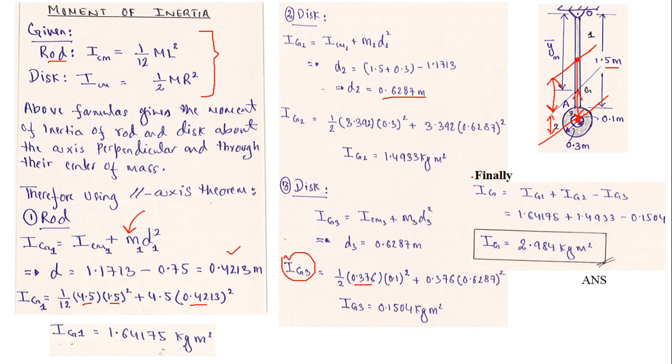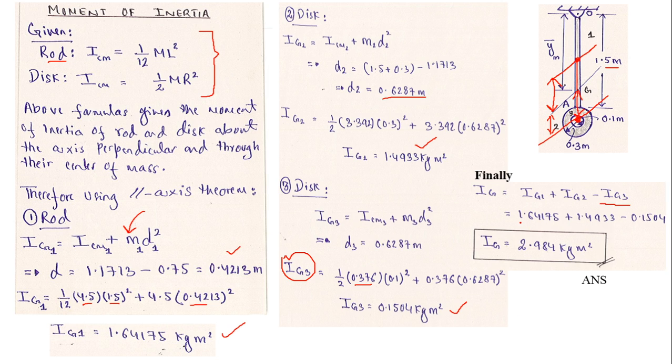So finally, the moment of inertia of this entire volume that was given to us originally will be the algebraic sum of all these moments of inertia that we have calculated. So we have calculated a moment of inertia Ig1, we have calculated moment of inertia Ig2, we have calculated moment of inertia Ig3. But we know that this third disk has been subtracted. So minus sign appears here with Ig3.